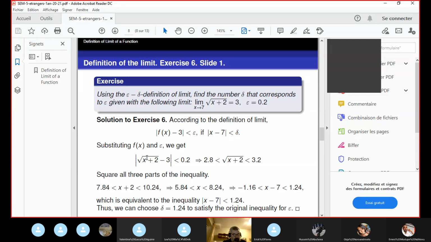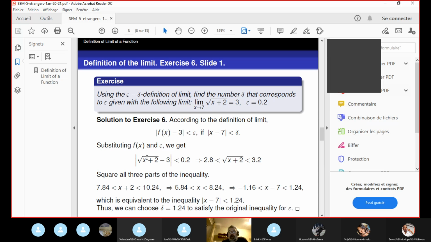Agree? Yes, I agree. Good. So now we take the square of all the parts of this inequality and we obtain that x plus 2 is between something which is written here in this slide. Then we can find that x in this case is between two real numbers which are written here.